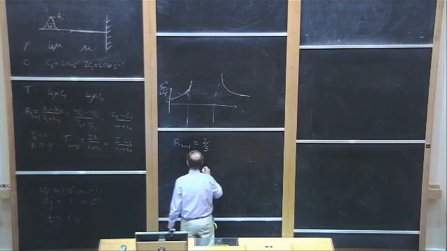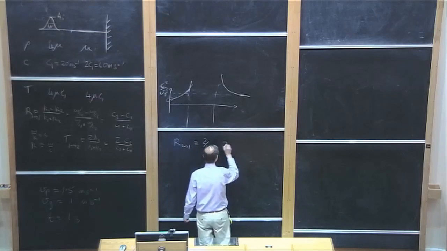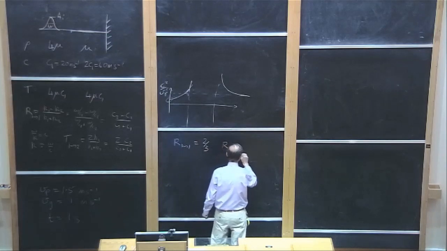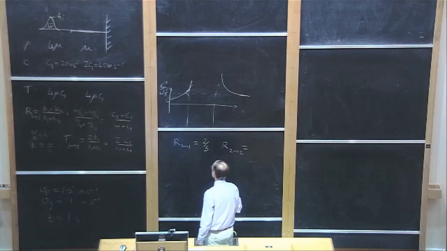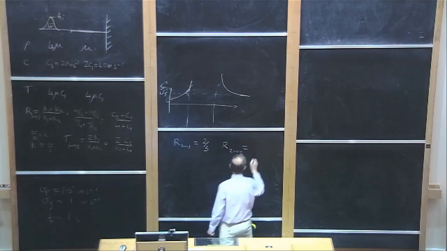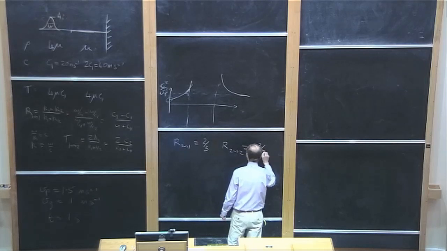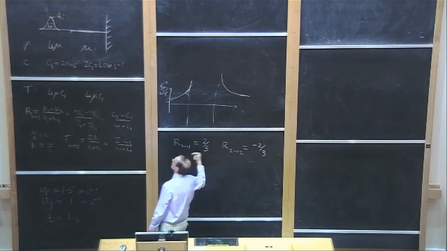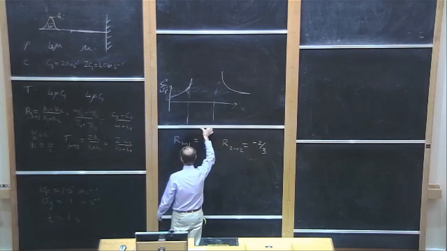And the reflection coefficient from 2 to 2 is just the same thing but the other way around. It's minus 1/3. So that's for a wave going onto that interface from the other side, which we'll need in a minute.